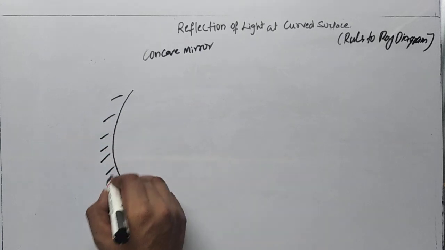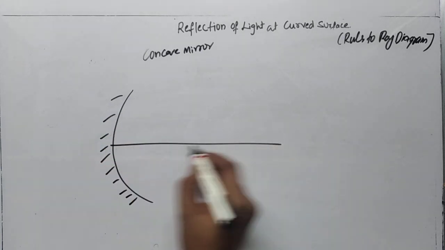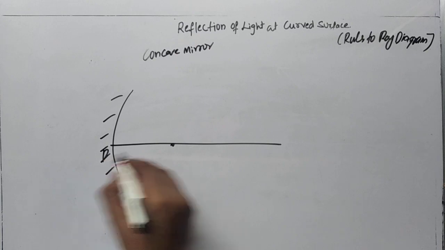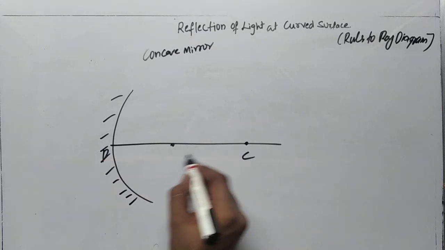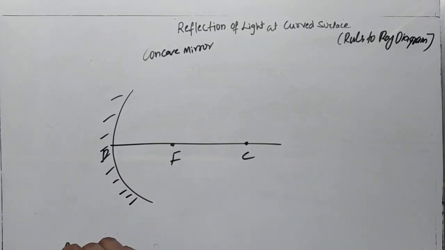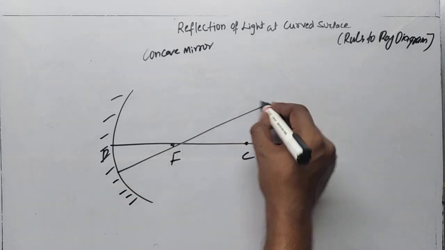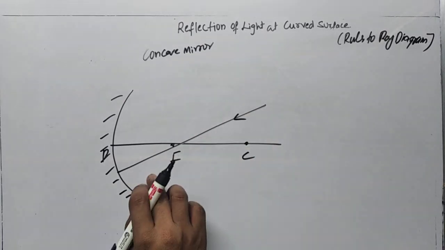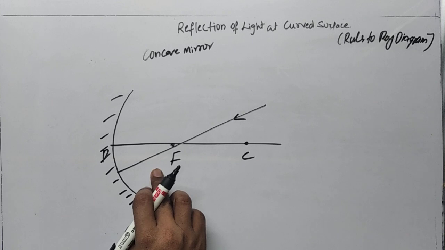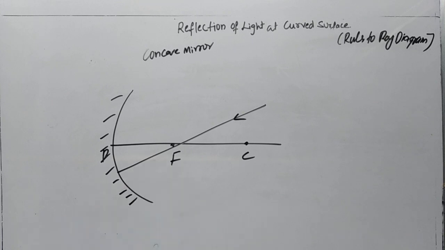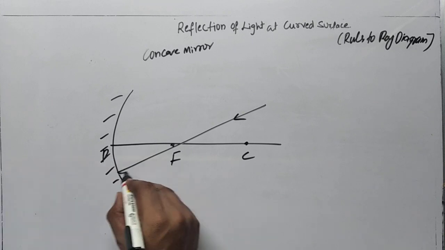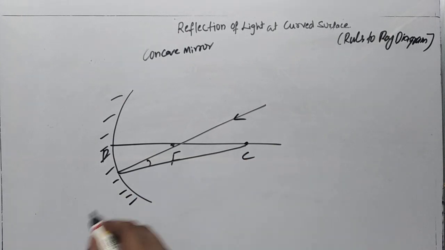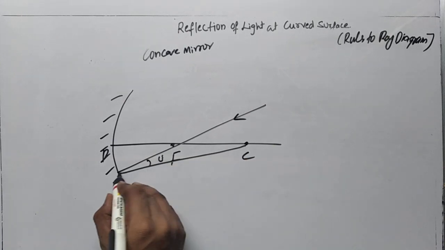Now we will take a ray which is passing through the focus. We know this is the pole, this is the center of curvature, and the midpoint will be the focus. Now we consider that the incident ray is passing through the focus. It will make an angle of incidence, and the angle of incidence should be equal to the angle of reflection.